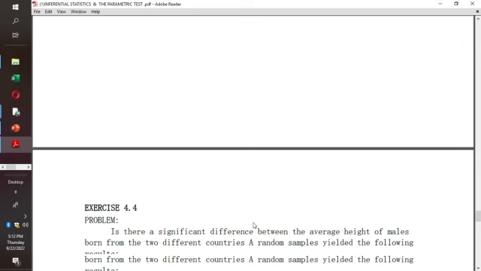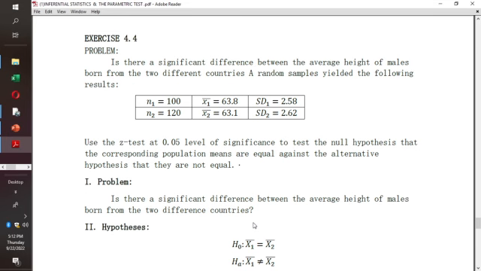For exercise number 4, the problem is: is there a significant difference between the average height of males born from two different countries? A random sample yielded the following results. Sample size of group 1 is equal to 100. Sample size of group 2 is equal to 120. Mean of group 1 is equal to 63.8.